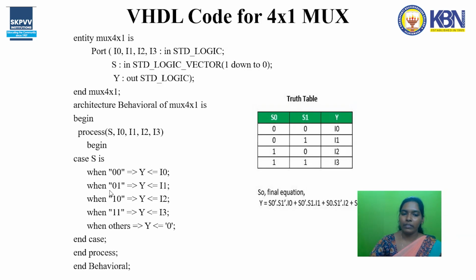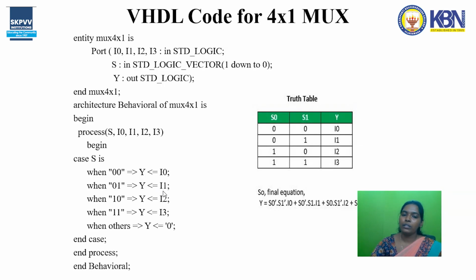So with 0 1, Y will be I1. Similarly, if we give 1 0, the output will be I2. Means if we want the I1 line, we give only 0 1. So if we give multiple inputs, we will not get multiple outputs, right?